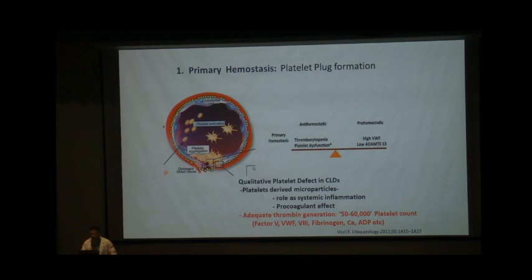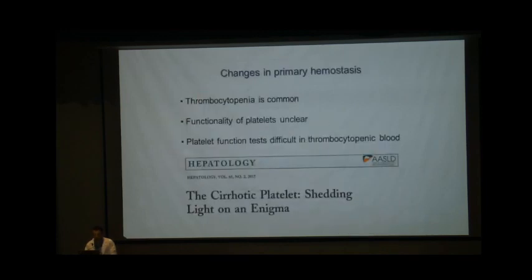Quantitative platelet defects are commonly seen in chronic liver disease. Platelet-derived microparticles are seen as having a procoagulant effect and a role in systemic inflammation. Adequate thrombin generation is dependent upon factor V, von Willebrand factor, factor VIII, fibrinogen, calcium, and ADP. And a platelet count of 50 to 60,000 is enough for the generation of primary hemostasis.